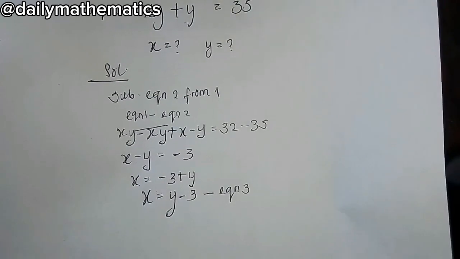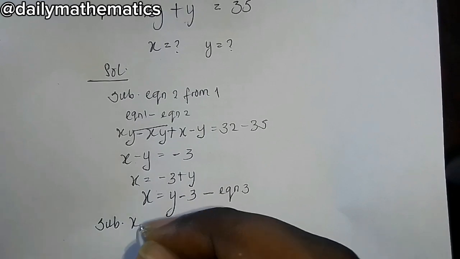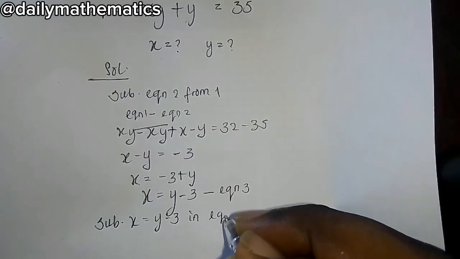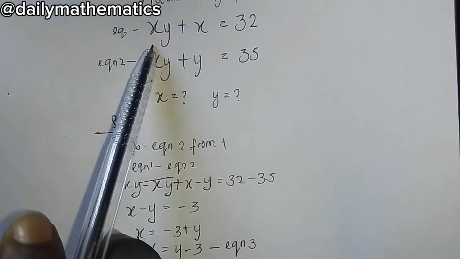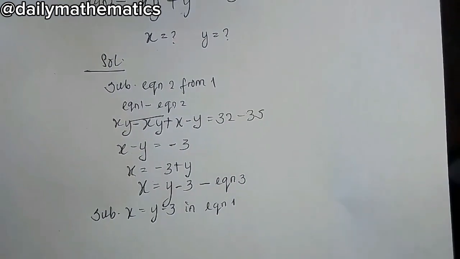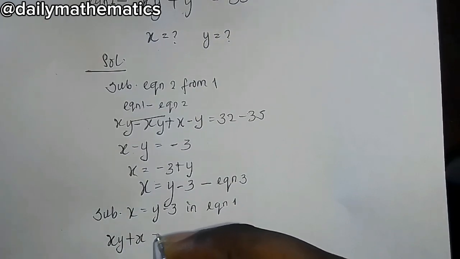Right? So we'll now substitute x equals y minus 3 in any equation. I'll use equation 1. I want to substitute this value of x into this first equation so I can find the value of y from there. So the equation is xy plus x equals 32.